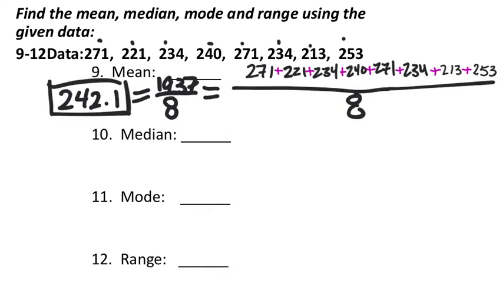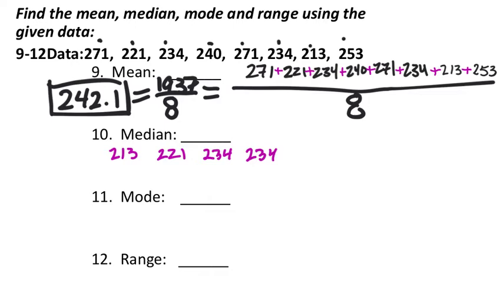Now I need the median. So I'm going to list all the numbers in order from least to greatest. And so let's see, what's my smallest value? 213, it looks like. And then next up, 221, it appears. I'm putting a little space between these in case I need to fit one in that I miss, because I do that from time to time. And then it looks like 234, but 234 happens twice. 234, 234.